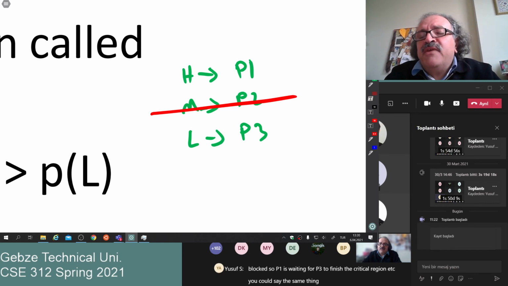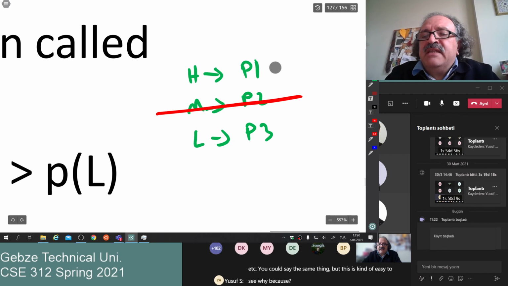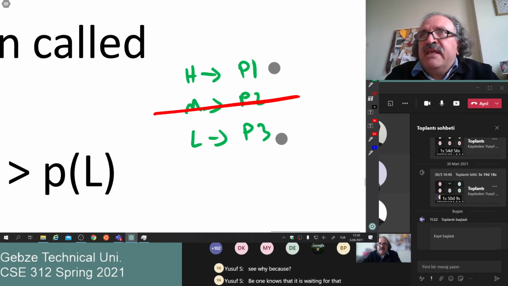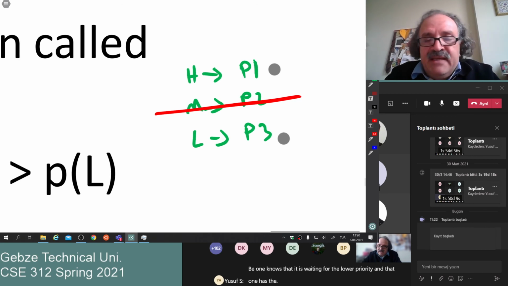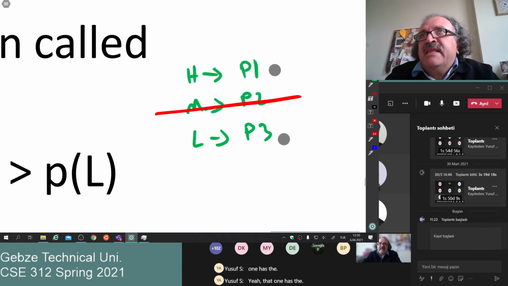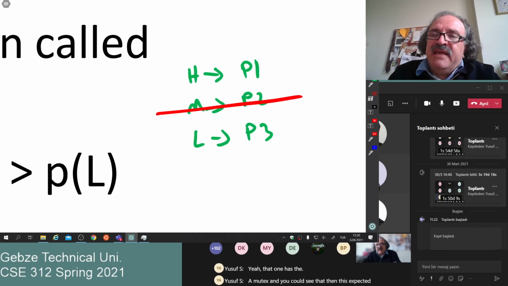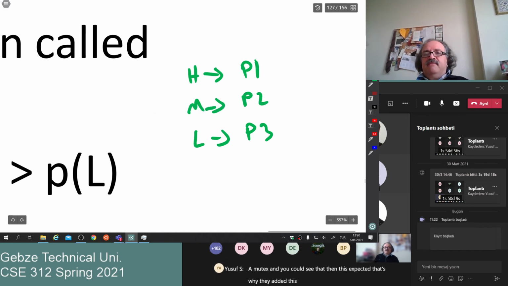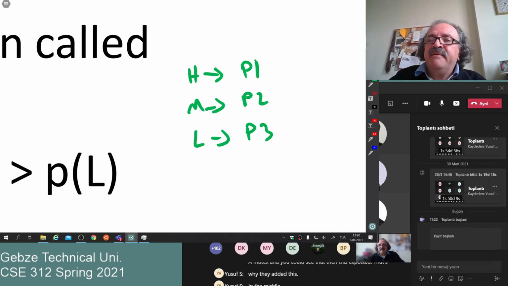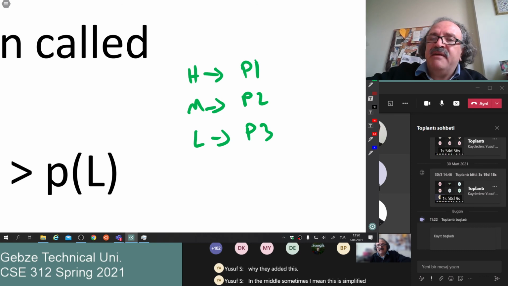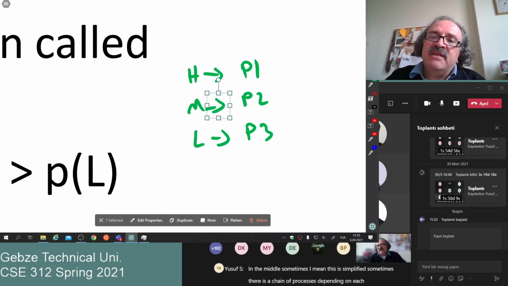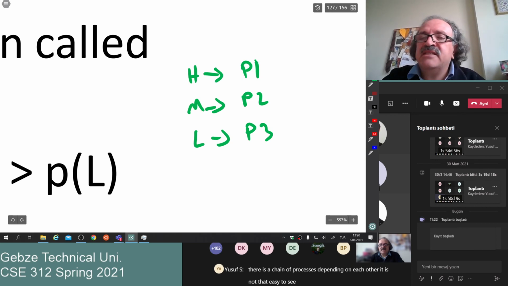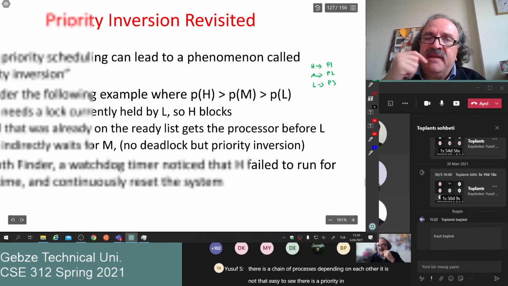Well, this is kind of easy to see, because P1 knows that it is waiting for a lower priority process, and that one has the mutex, and this is expected. That's why they added this in the middle. Sometimes, I mean, this is simplified. Sometimes there is a chain of processes depending on each other. It is not that easy to see that a priority inversion is happening.